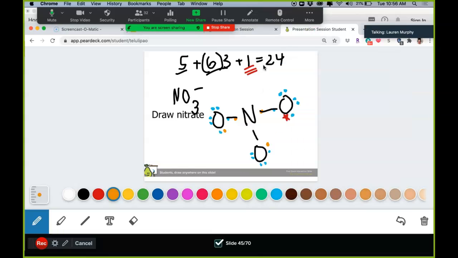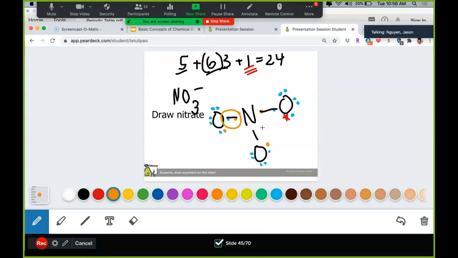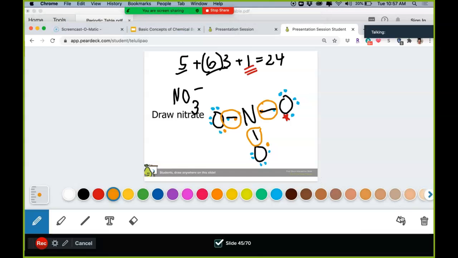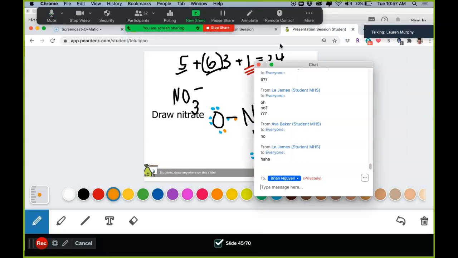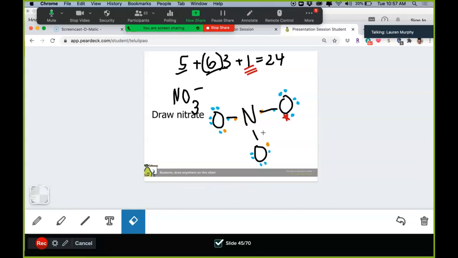How many electrons are around nitrogen right now? 2, 4, 6. Is 6 stable for nitrogen? No. What does nitrogen need to have to be stable? 8. Okay, so you don't get to do that. I'm putting that electron back.